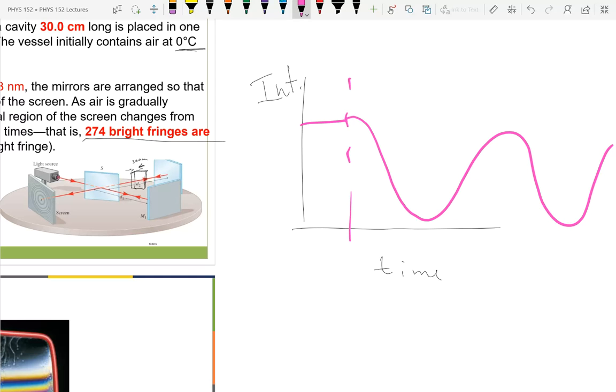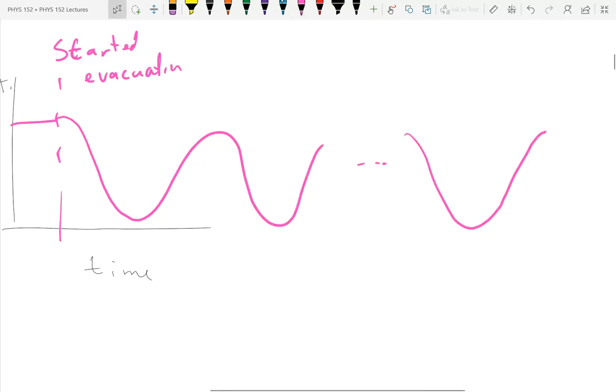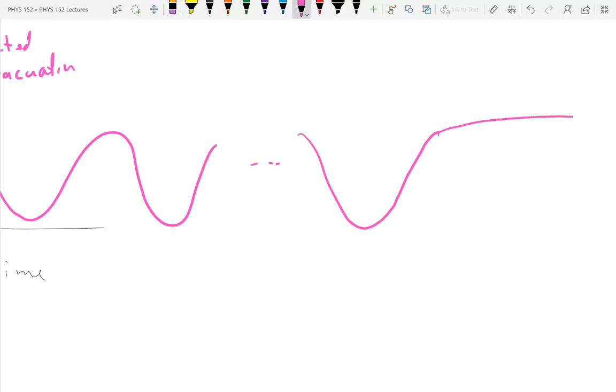So here's when I started evacuating. And it keeps oscillating until when I get to the end, it stays up here. So this would be completely evacuated, which you should know is not possible. It will asymptotically approach that.